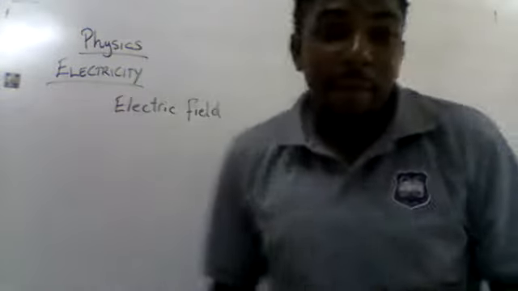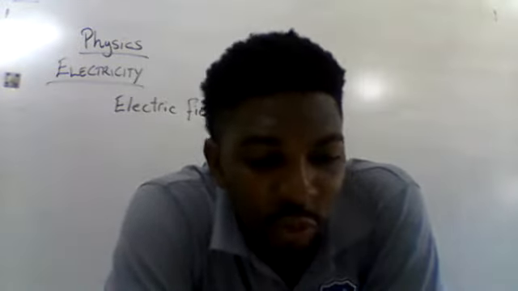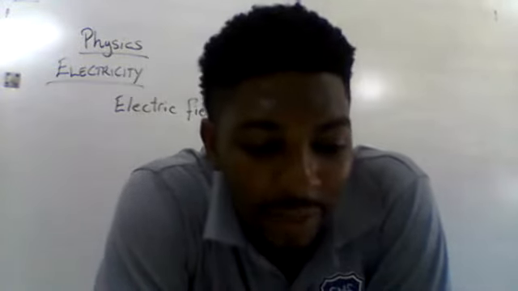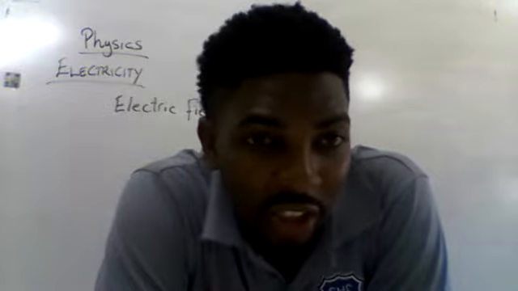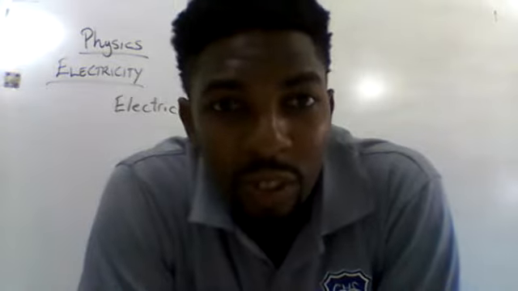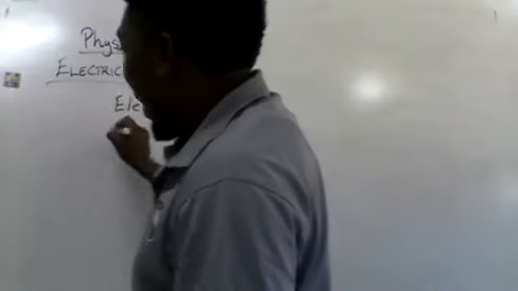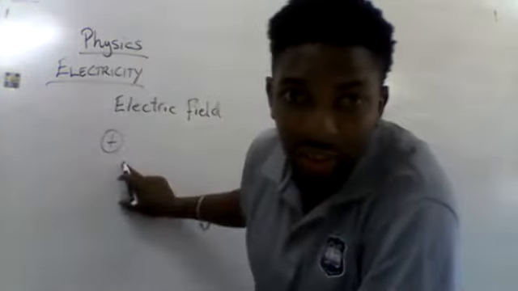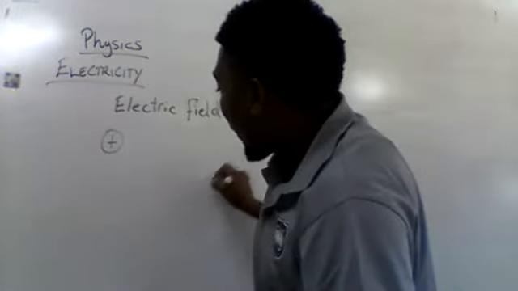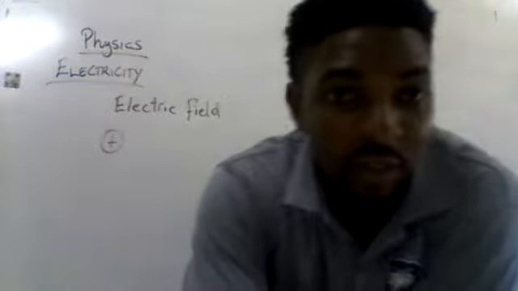By definition, the electric field is the region in which a body experiences a force due to its charge. So it's a region around that charge. Namely, when we want to illustrate how a proton looks, we draw it as a point charge, or we have that of an electron, a negative sign in a circle.